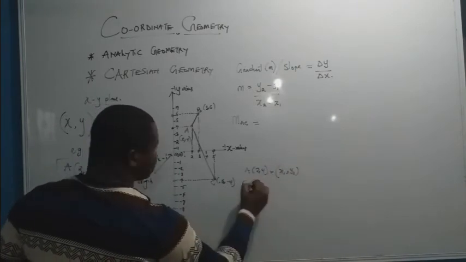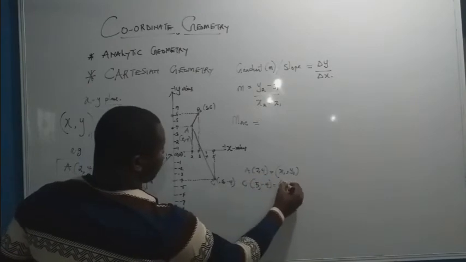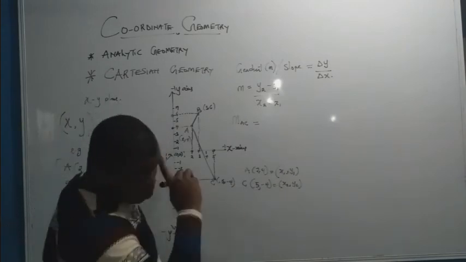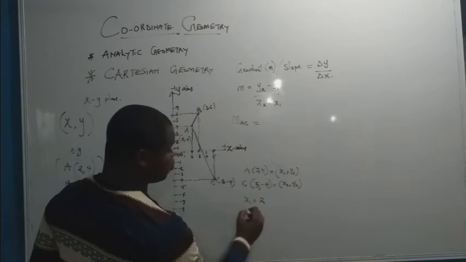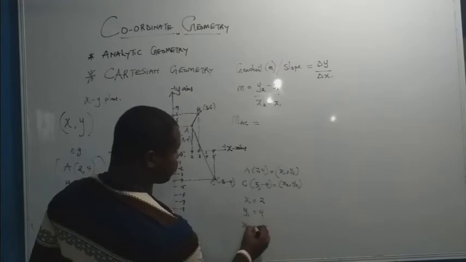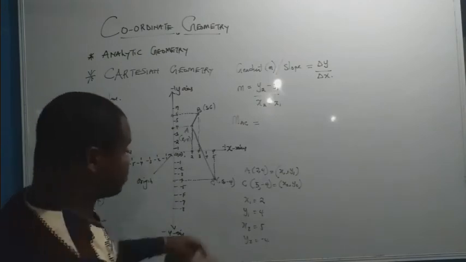Then we have C 5, minus 4 is equals to x2, y2. Okay. So from here we have that our x1 is equals to 2, then our y1 is equals to 4, then our x2 is equals to 5, and our y2 is equals to minus 4. Is that clear? So you have this, okay?